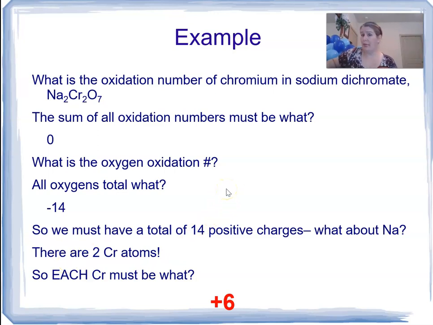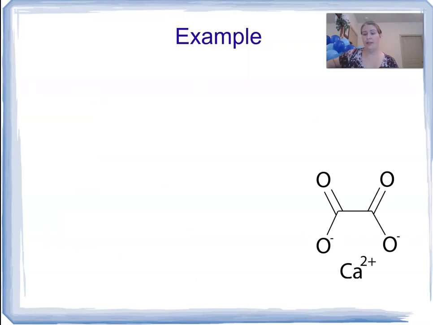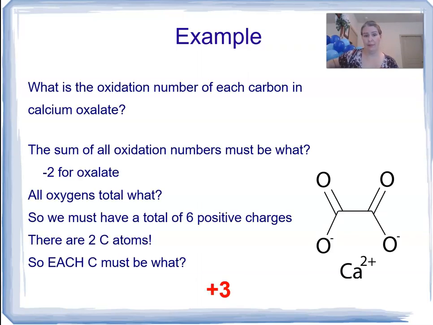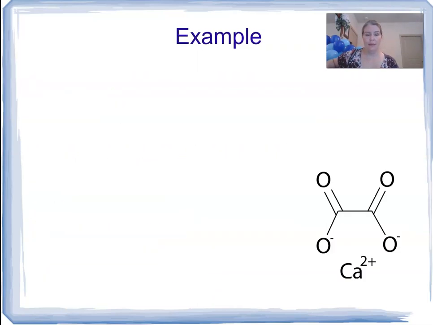So let's do a quick example looking at it the other way, where we could just look at the polyatomic ion. And here is calcium oxalate, and I would like to know what the charge on the carbons is. I notice these 2 carbons are the same.